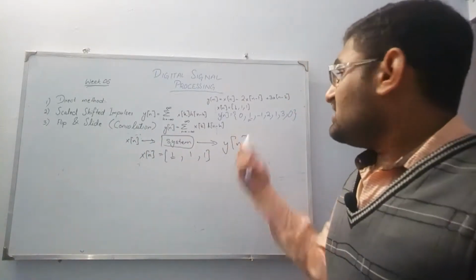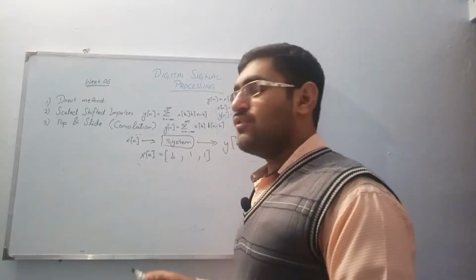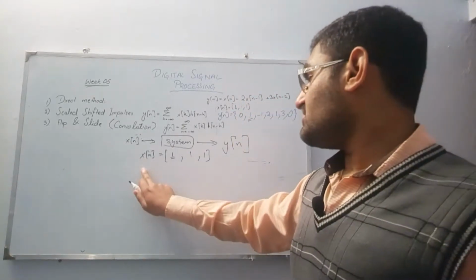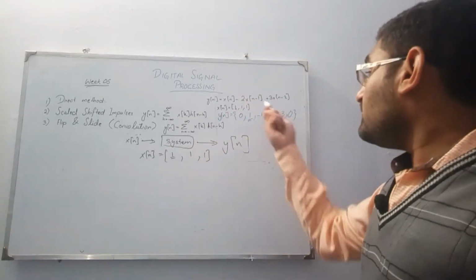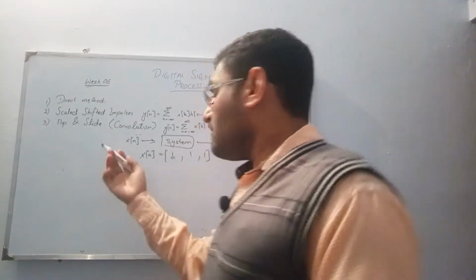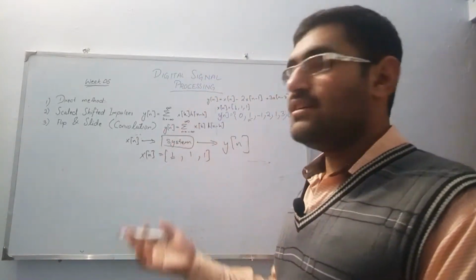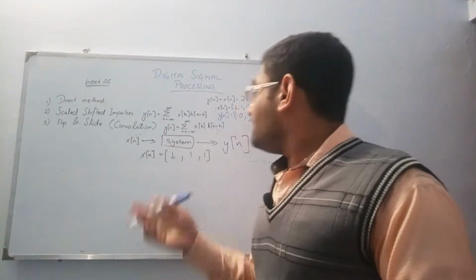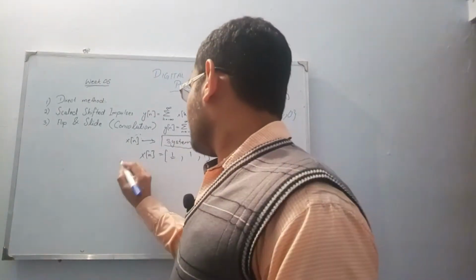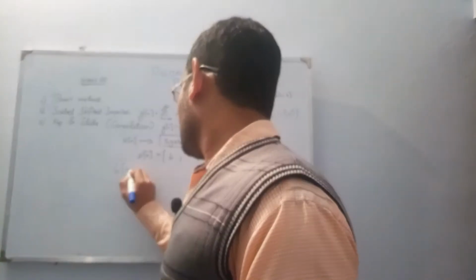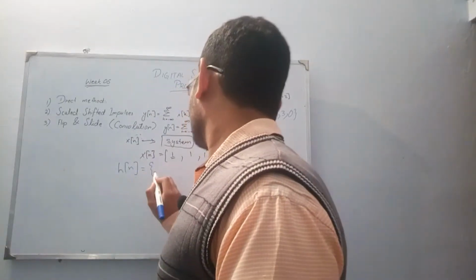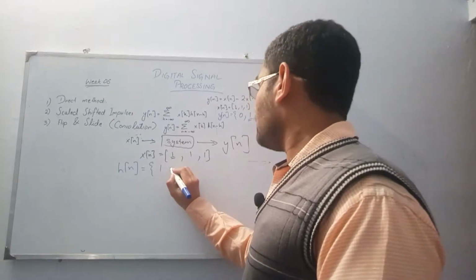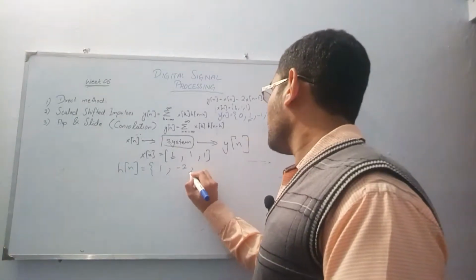What we do in this method, first we have to find the impulse response of the system. So what will be the impulse response of the system? I am going to write it directly because I have told you how to write the impulse response directly in the last lecture. So it comes to be 1, minus 2 and 3.